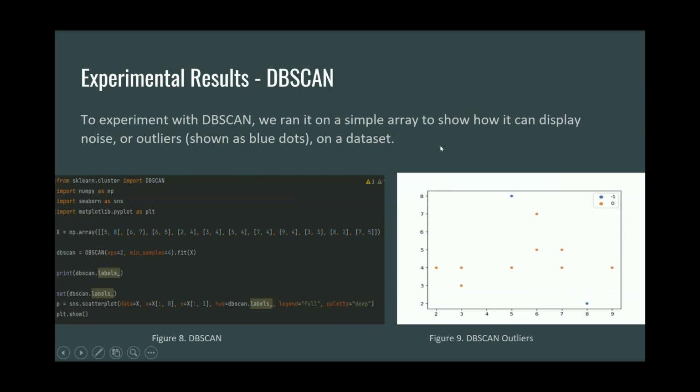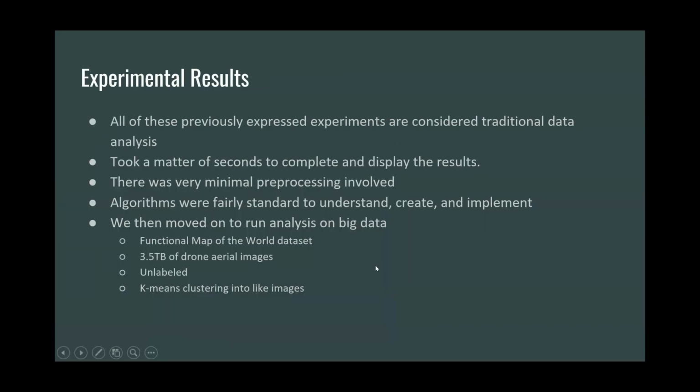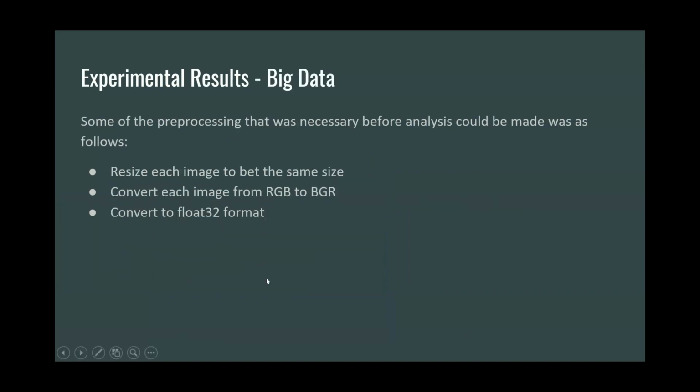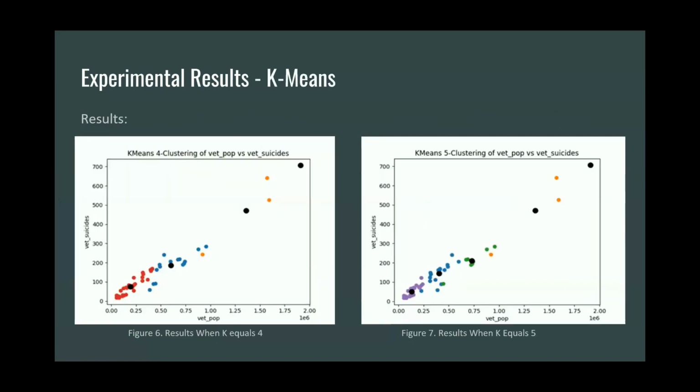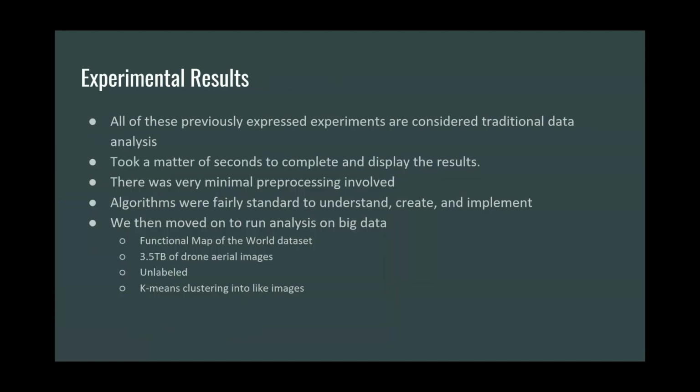So we did the experiment using DBSCAN, just simply running an array to see if it can display noise or outliers. And I'm going to show you the results on the images. So for the actual big data, the data that you've seen, the veteran data, this is small enough that you can run data mining techniques without the use of big data.